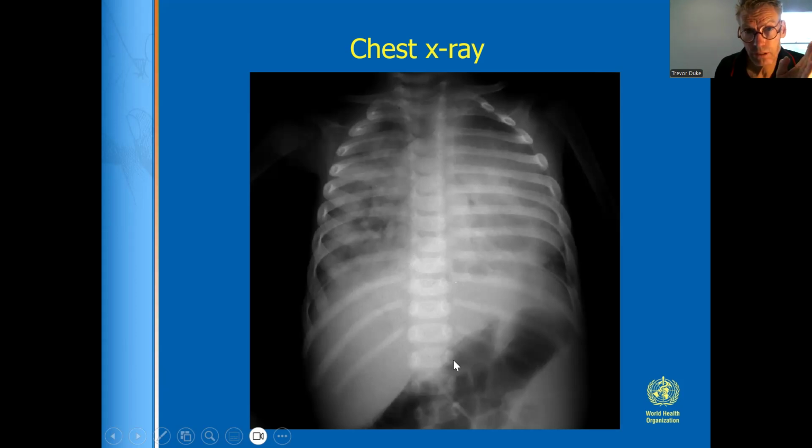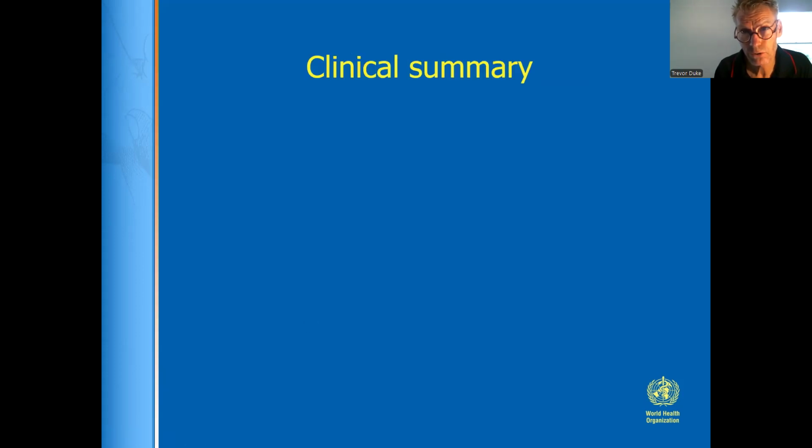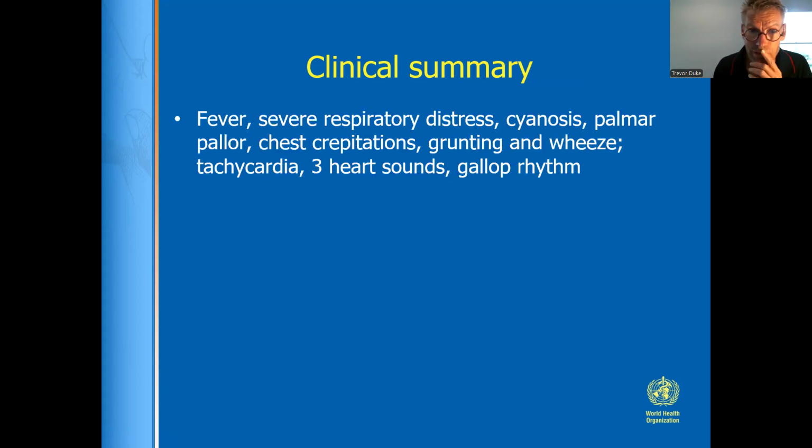So when you do an investigation, try to triangulate that information with the history and the examination. And when you combine the information, then you are more likely to come up with an accurate diagnosis. So at this point in time, we can summarize everything we've learned from history and examination and laboratory investigations and other investigations.